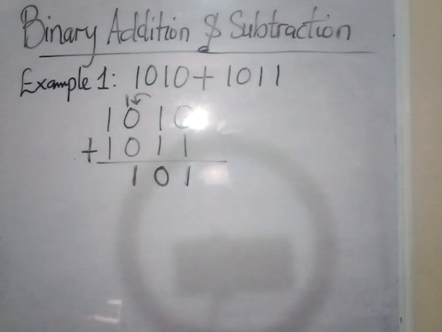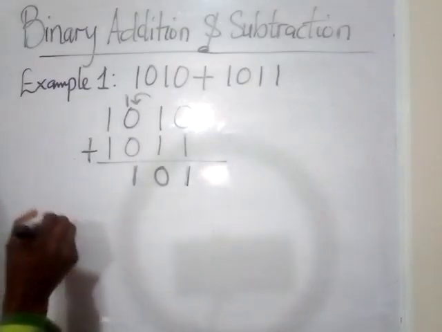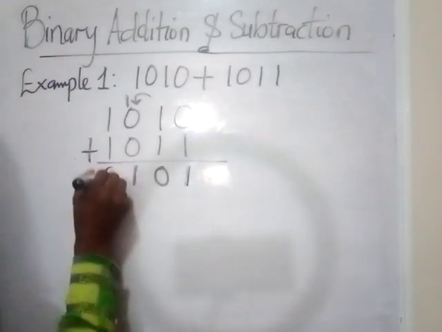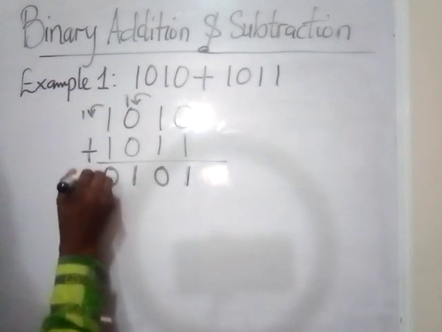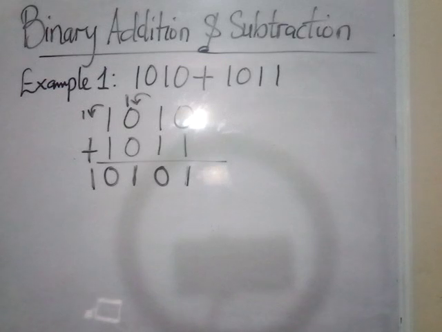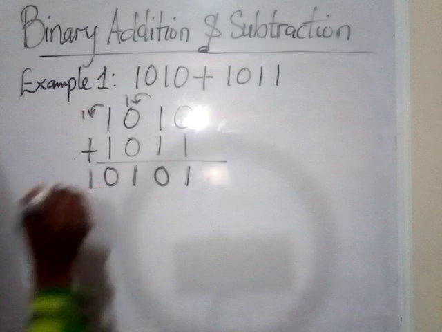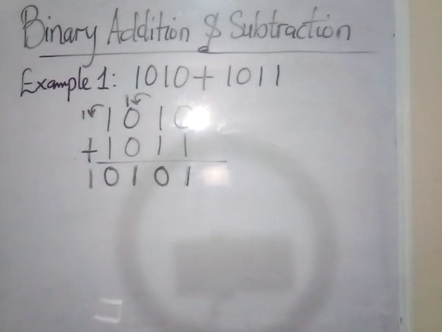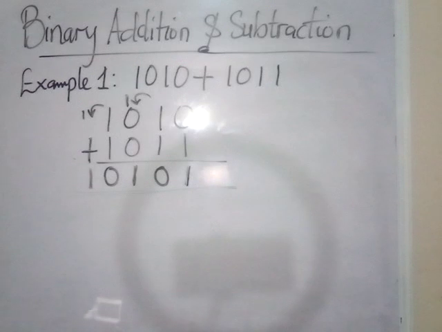Now we get to the last stage. 1 plus 1 again, we find is 2, but we don't have 2. We can't write 2. So we write down 0, and the spillover comes here as 1. So when we add the number 1010 and the number 1011, the answer we get is this. I hope this is clear.